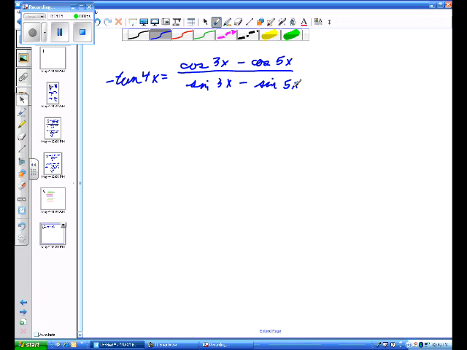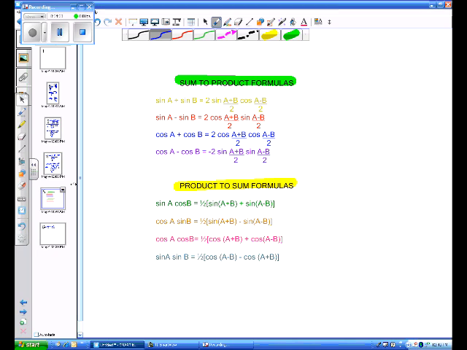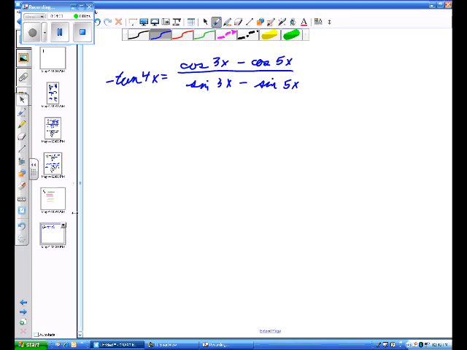Now, without our formulas that we're going to use, this might be fairly difficult because we're dealing with multiple angles. But if we notice in our numerator, we have a cosine of an angle minus a cosine of an angle. So we have a formula: cosine of an angle minus the cosine of the angle is -2 sine the sum of the angles divided by 2 times the sine of the difference of the angles divided by 2.